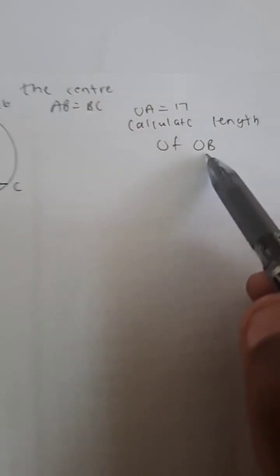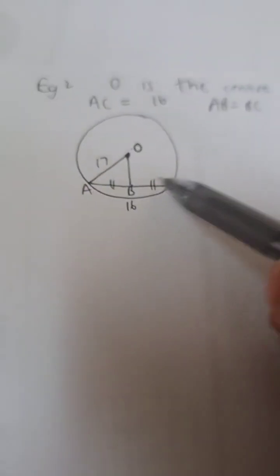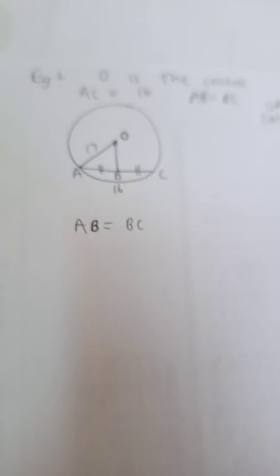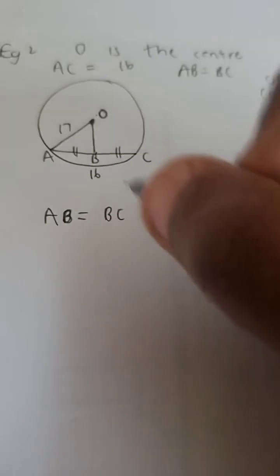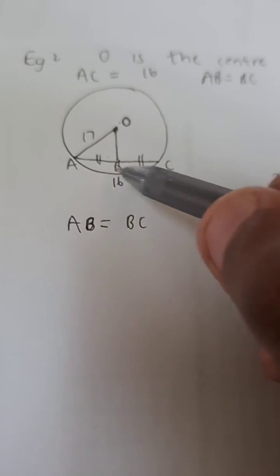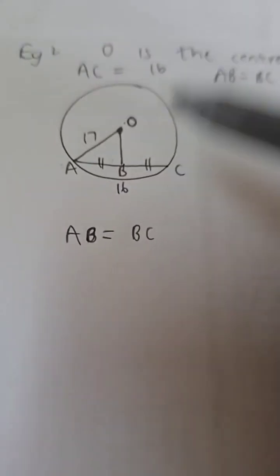So on my way to calculate the length of OB, let us start here. I know that the entire length AC is 16, but what is given to me is that AB is equal to BC. If the entire length, guys, is 16, what is the length of AB?